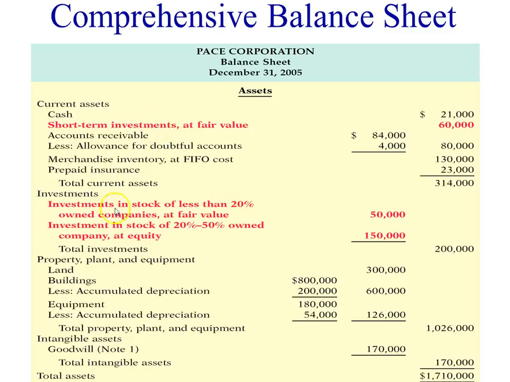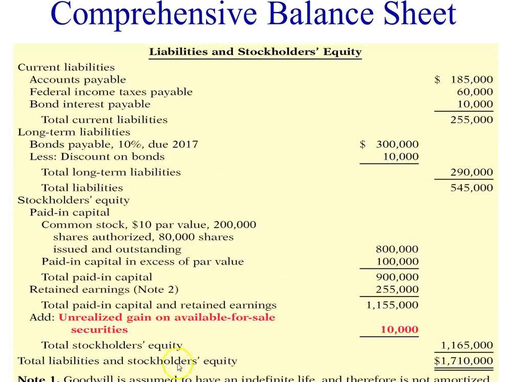So investments in stock, they're separating out the 20% and the 50%, and they're reporting them separately, each on their own separate line items here. You're going to have unrealized gain on securities under the stockholders' equity in the equity section of the balance sheet. So this is starting to get more expanded, this balance sheet.